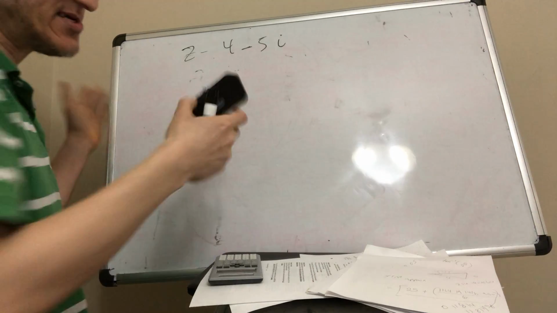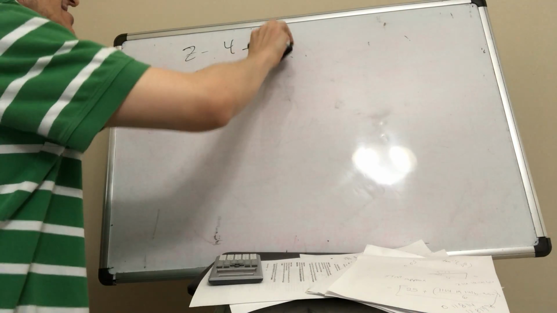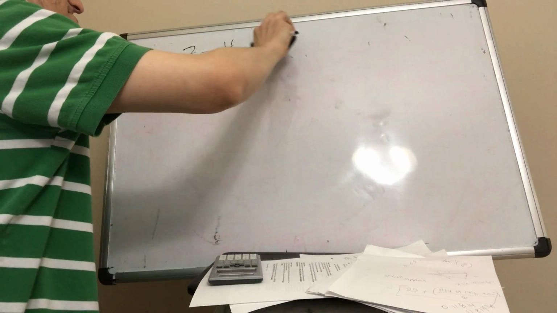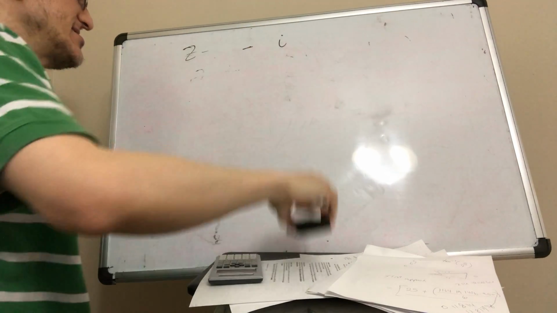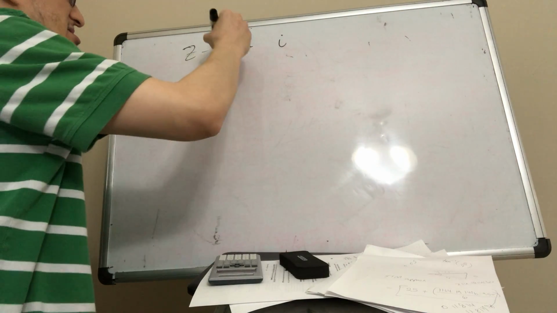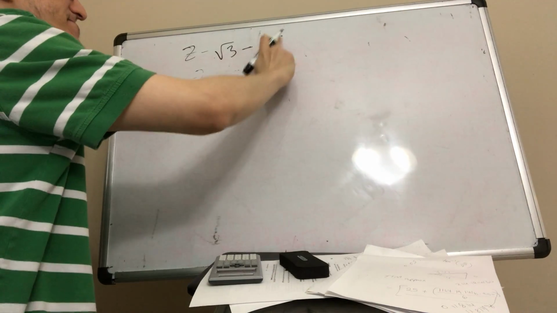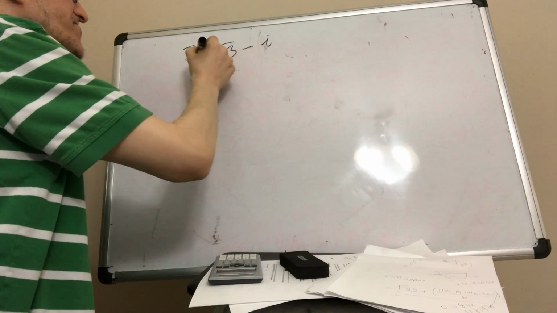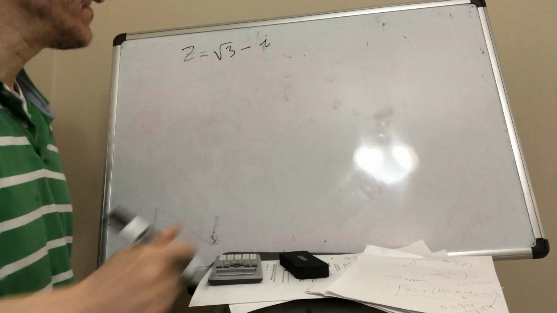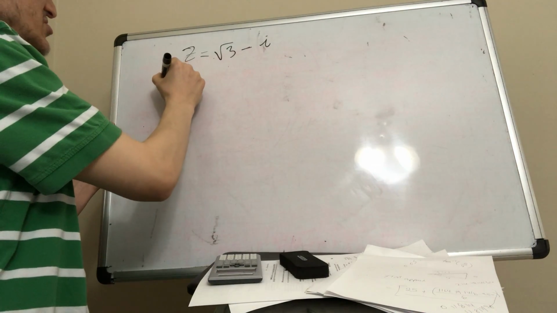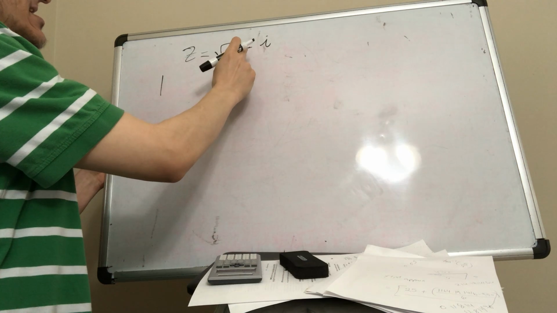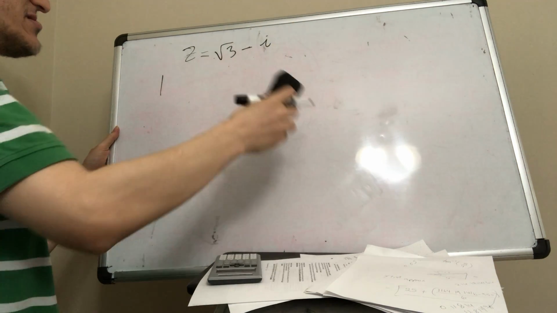I'll do one quick to show you the concept. Let's say you have something like root 3 and 1i. If you do the magnitude, well, this would be similar to the next question.